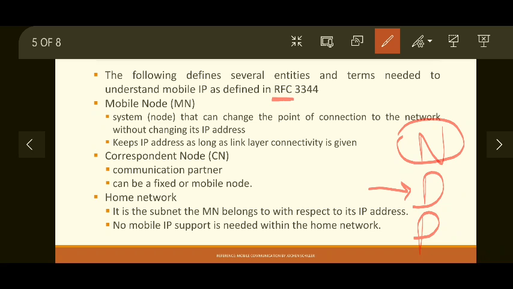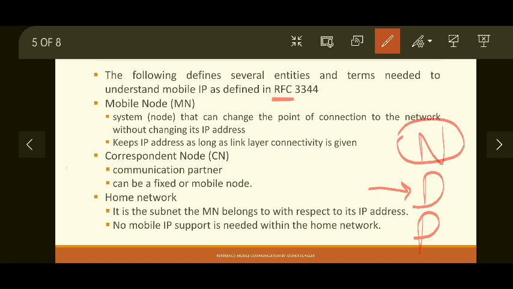So communication between mobile node and mobile node is possible, or communication between fixed node and mobile node is also possible. Communication between CN and CN, that is a correspondent node which is a fixed node, and another correspondent node which is also a fixed one, if this is the case, there is no need of mobile IP. So fixed node to fixed node does not require mobile IP. Standard IP is sufficient for that.